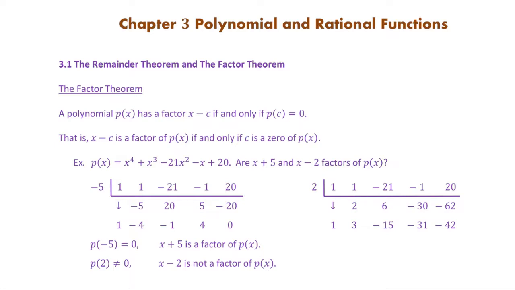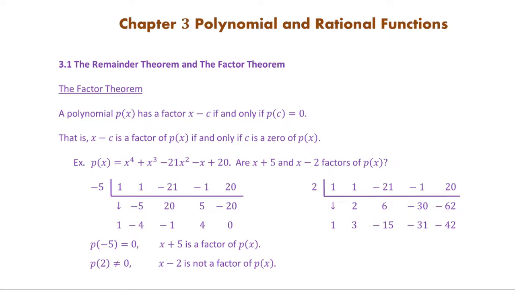So we can do synthetic division. Because if you get 0 in the remainder, then that means it is indeed a factor of p of x, right? So let's just do the synthetic division.